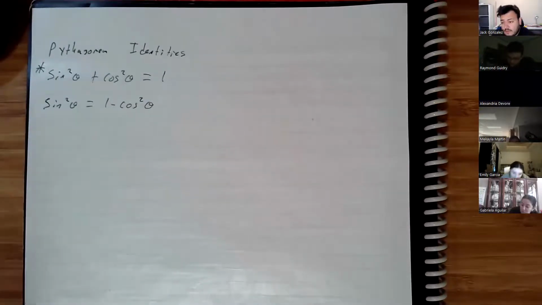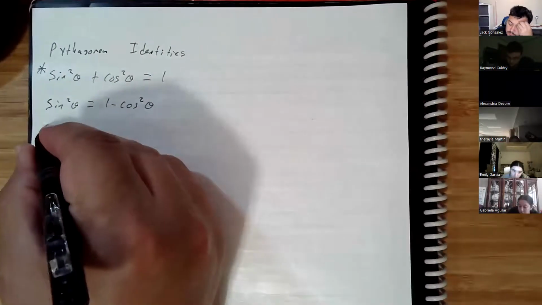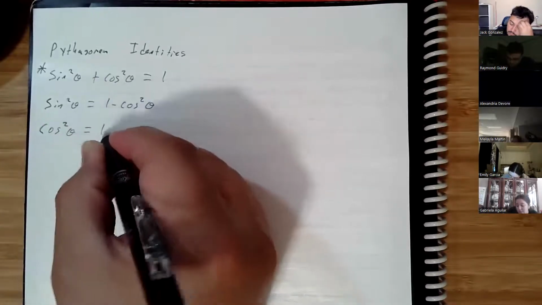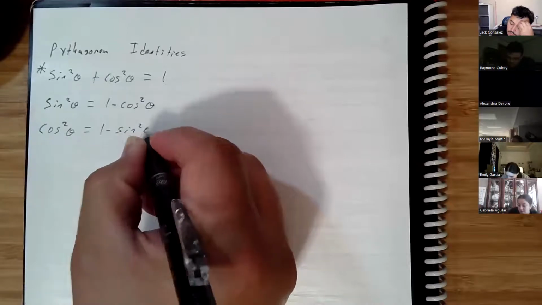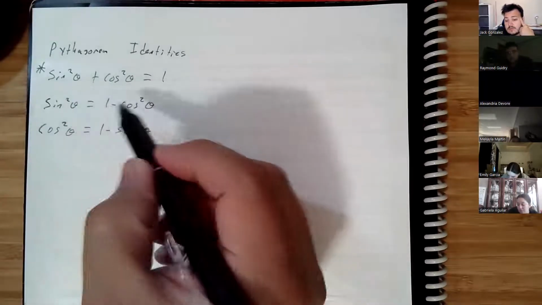Basically solve for sine squared and you have another equation. Solve for cosine squared, subtract sine squared on both sides of the original, and you get this one. So you can always substitute a cosine squared for a 1 minus sine squared, or you can substitute a sine squared for 1 minus cosine squared.